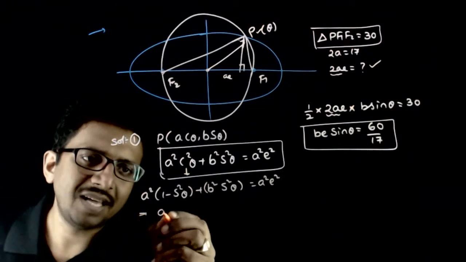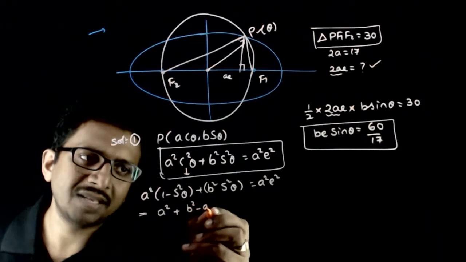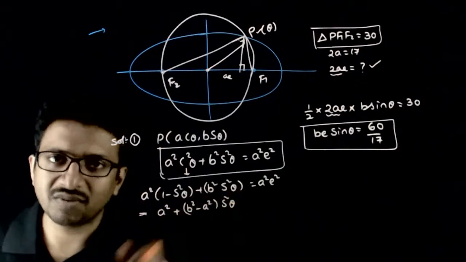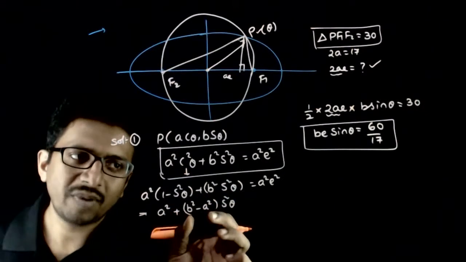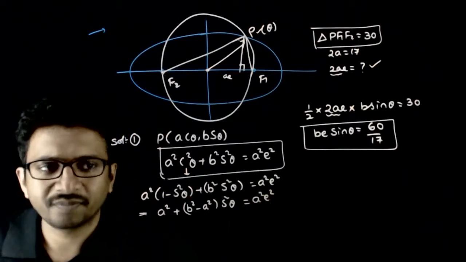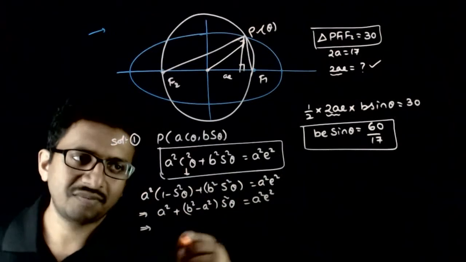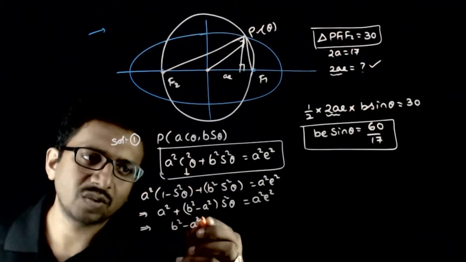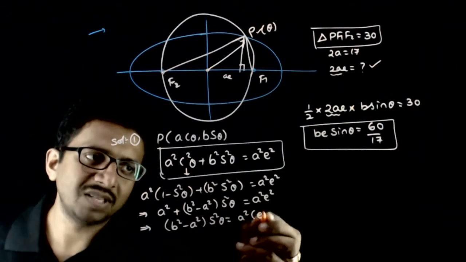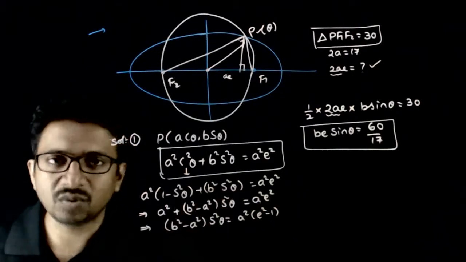So this implies A square plus B square minus A square times sin square theta, combining A square sin square theta and B square sin square theta, is equal to A square E square. So this A square goes to that side, and you get B square minus A square sin square theta is equal to A square times E square minus 1. If I take A square as common, you get E square minus 1.